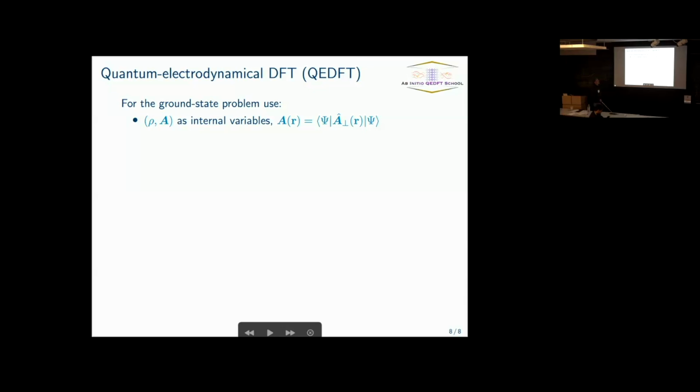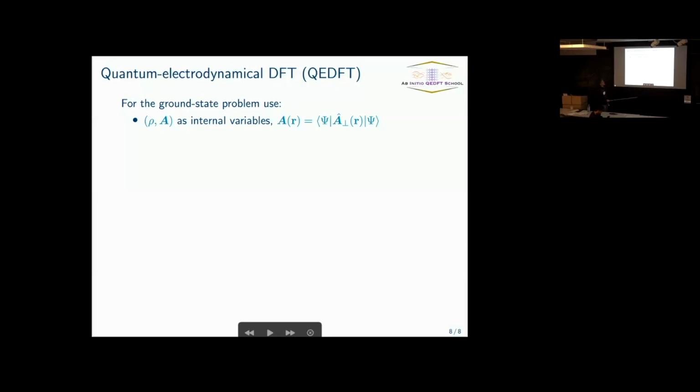So now the internal variables change at first. I build on DFT, so the first part stays the same. This is still the one particle density. And the other variable that I add, okay, there are different possibilities, but our standard formulation uses the expectation value of this A operator that you've already seen on the first day and especially on the second day.